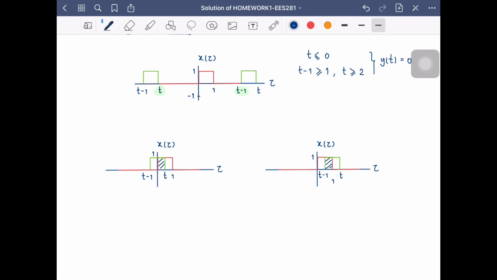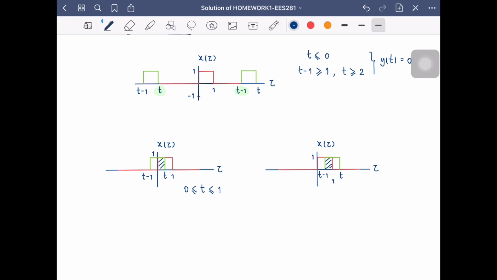Next, the overlap case. We can see the overlap part on the left side, and we need t to be greater than or equal to 0 and less than or equal to 1.